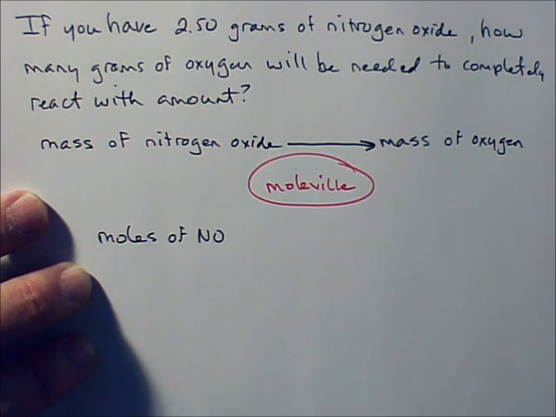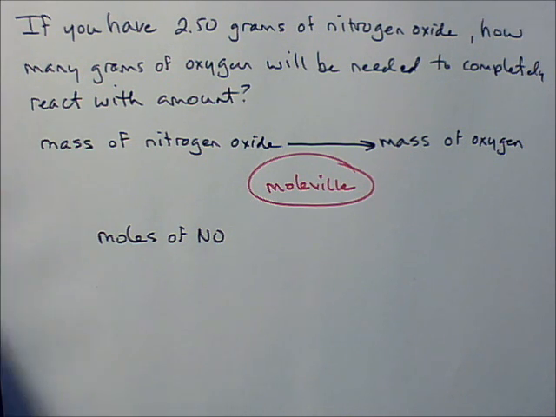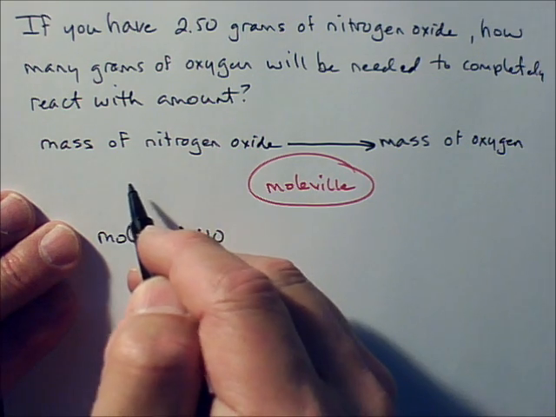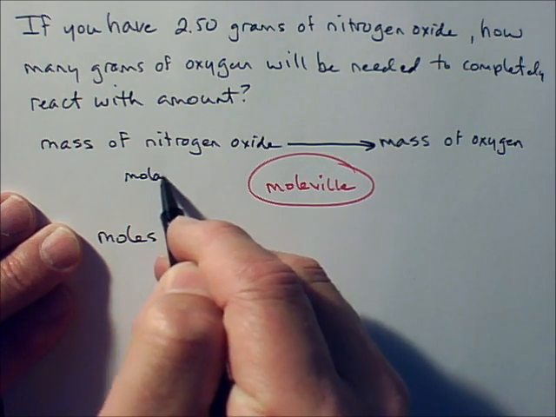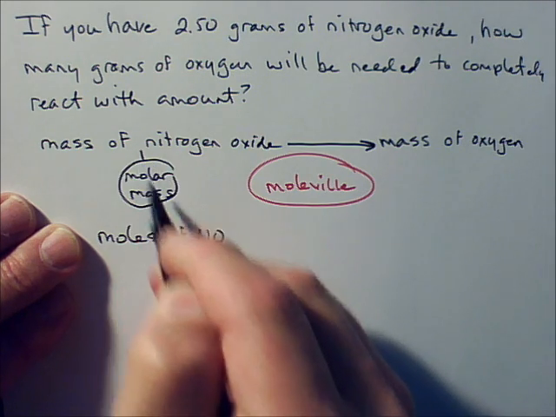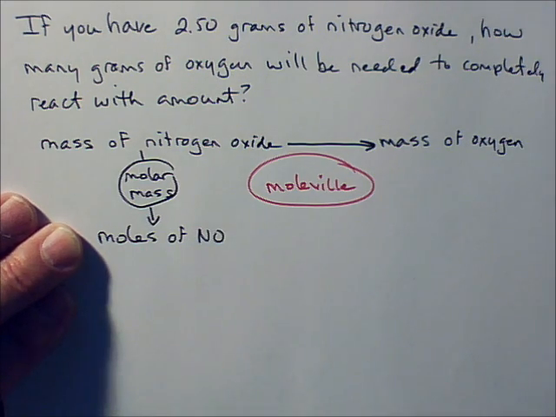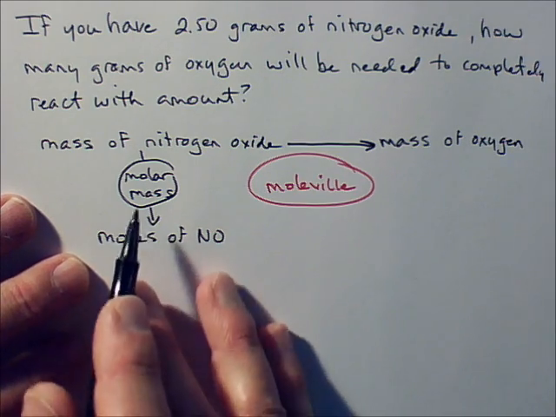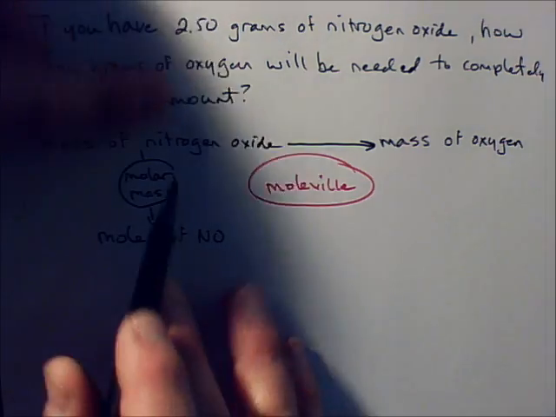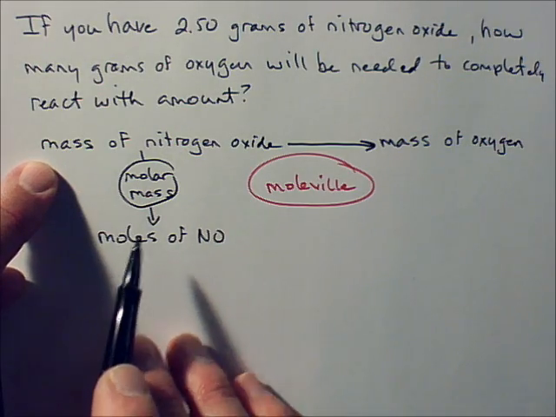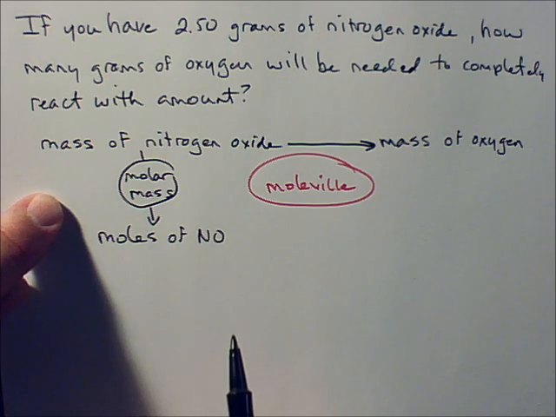NO is the formula for nitrogen oxide in that balanced equation. We do that by using molar mass. Anytime going from one species to another, you use molar mass? No, this is not going from one species to another. This is the same species. Here we're converting from mass to moles. That's what we need molar mass for.